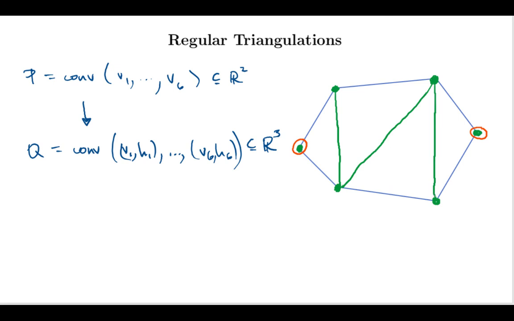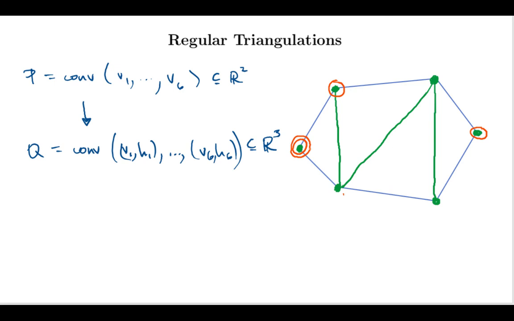What you should imagine here is some sort of partial folding of my hexagon, where the 3 orange vertices get some positive height function, and the remaining 3 green vertices stay where they are. And then again, I need to think of the height of this vertex on the left as higher than its neighbor up on top. And so I get a partial folding of my hexagon that induces the triangulation that I'm after.